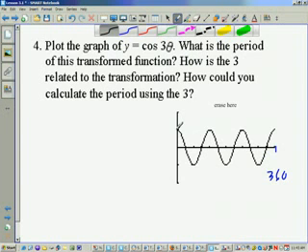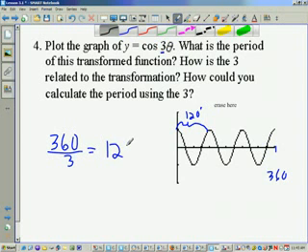So now the period of this function has switched to 120 because it takes 120 degrees for it to start repeating its cycle again. So how is the 3 related to the transformation? This is a horizontal shrink by a factor of 3. How could you calculate the period using the 3? Well, it's usually 360 degrees, and we're going to divide it by how much we're shrinking by to get the period of 120 degrees.